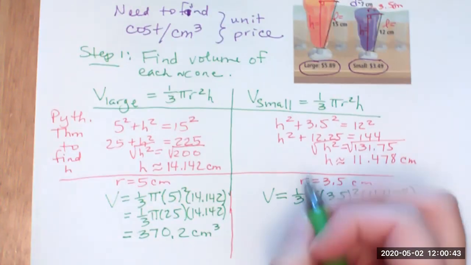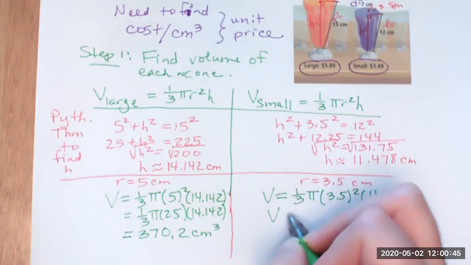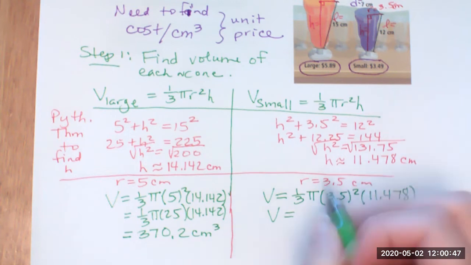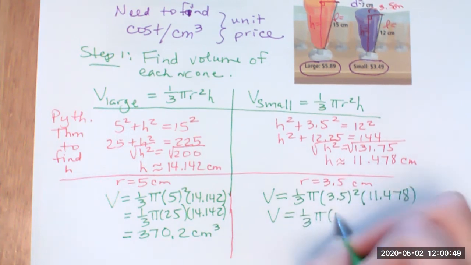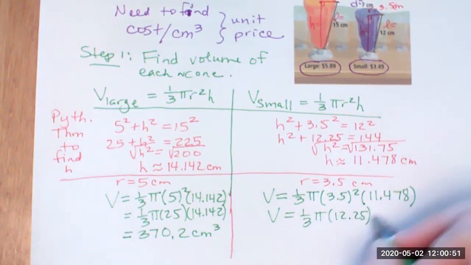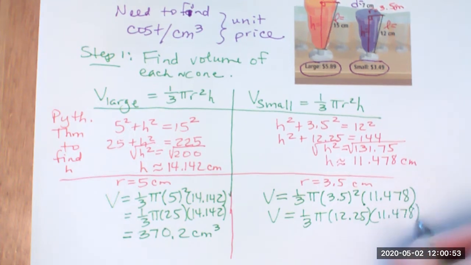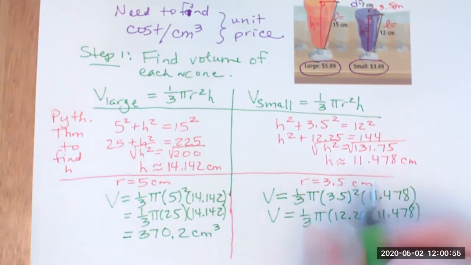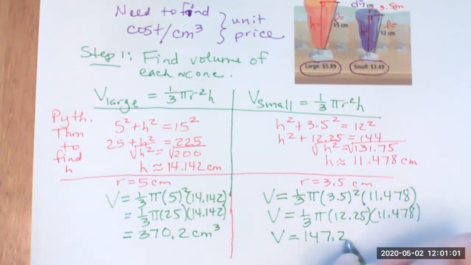I've got 12.25 here; you might want to do that ahead of time. Then multiply in the same manner I did over here, and I'll have approximately 147.2 cubic centimeters.